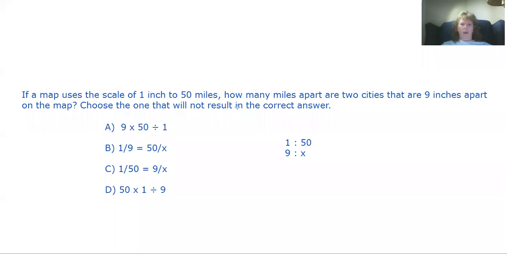Then if we cross multiply, we'll have 50 times 9, and you can use your GED calculator for that multiplication problem if you like. That's 450. And then if we multiply 1 times x, that will just be x.